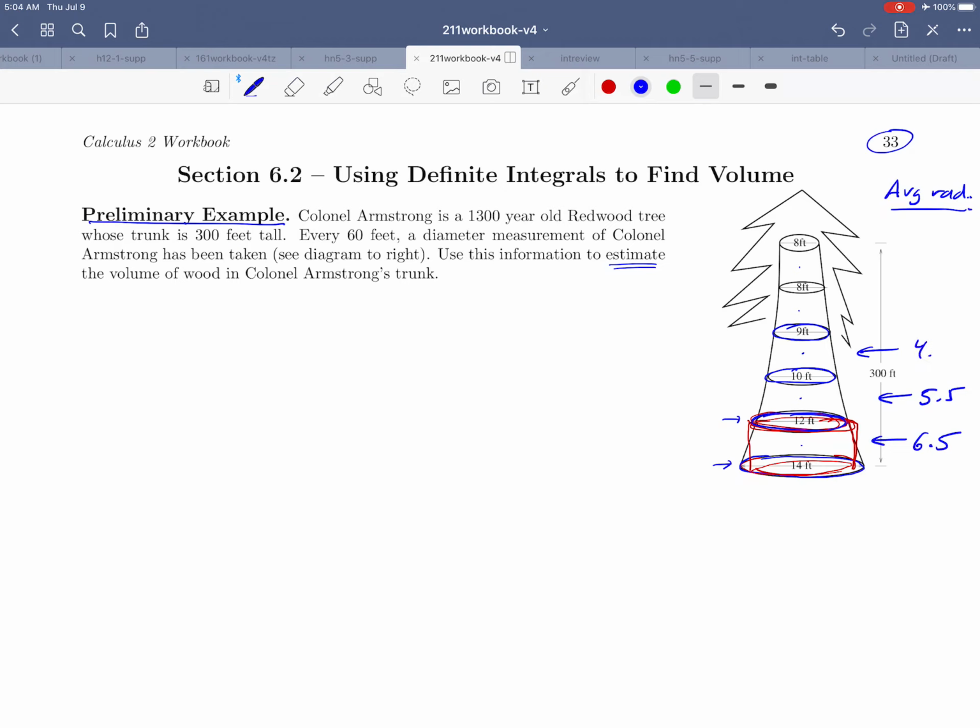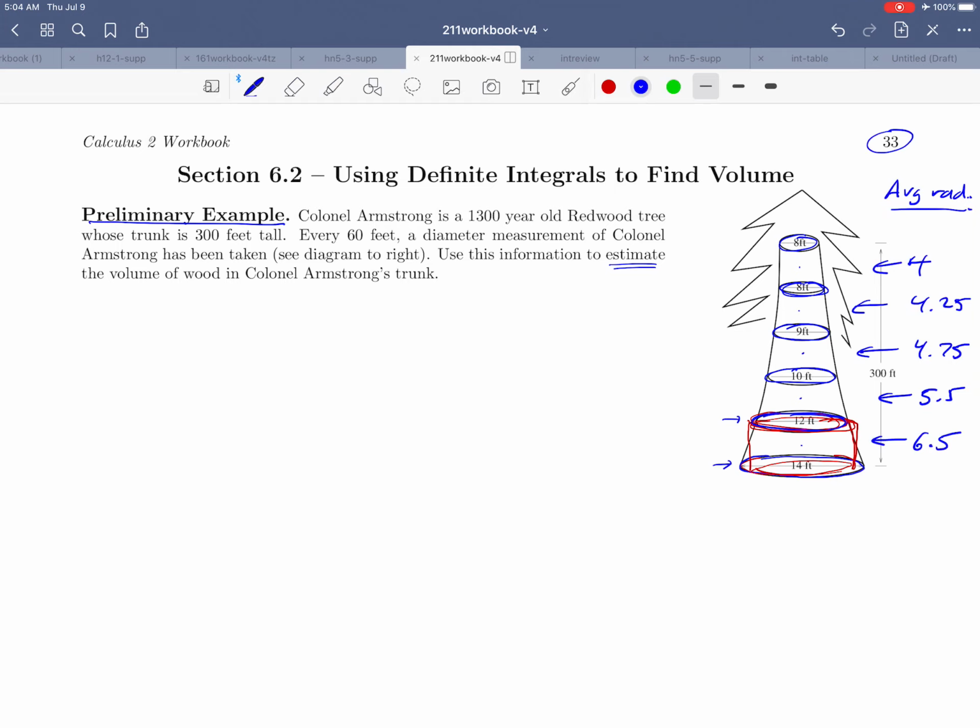Average those, and we get a 4.75 average radius. Let's see here. 4 radius at the top and a 4.5 at the bottom, so an overall average of 4.25. And then finally, the very top slice, we have a radius of 4 at the top and the bottom, so we'll just take 4 as our average radius.